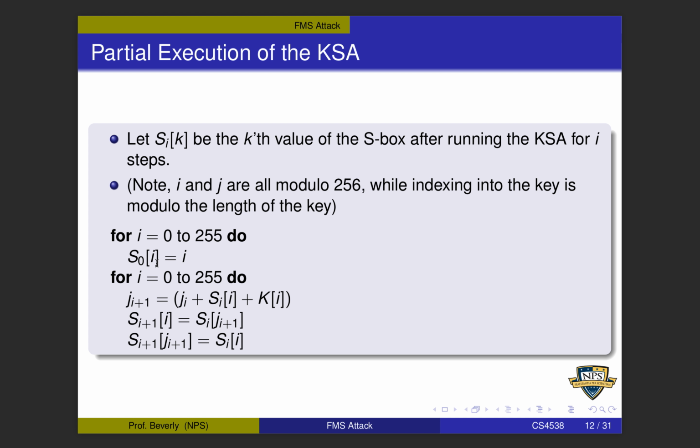Now let's look at the next part of this KSA algorithm, which also iterates for I equals 0 to 255.